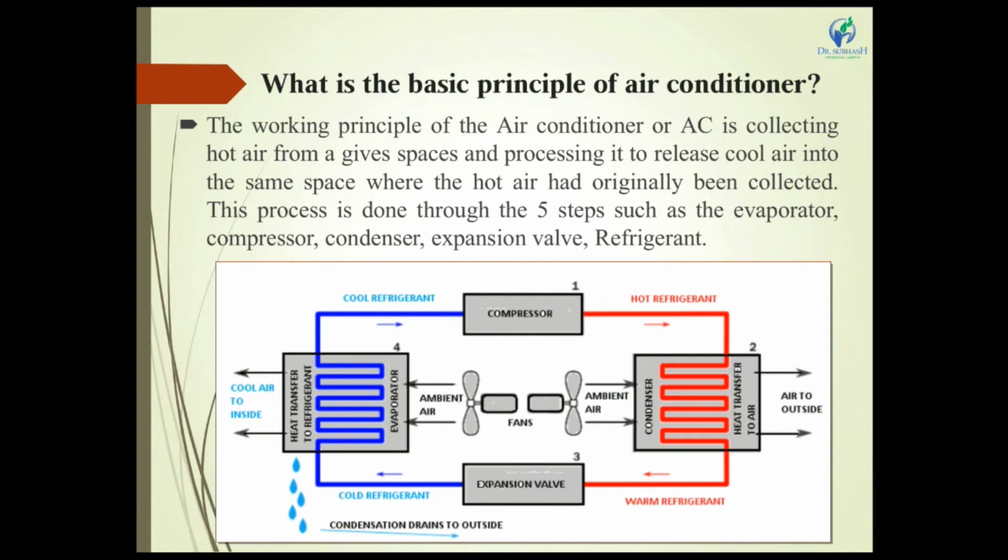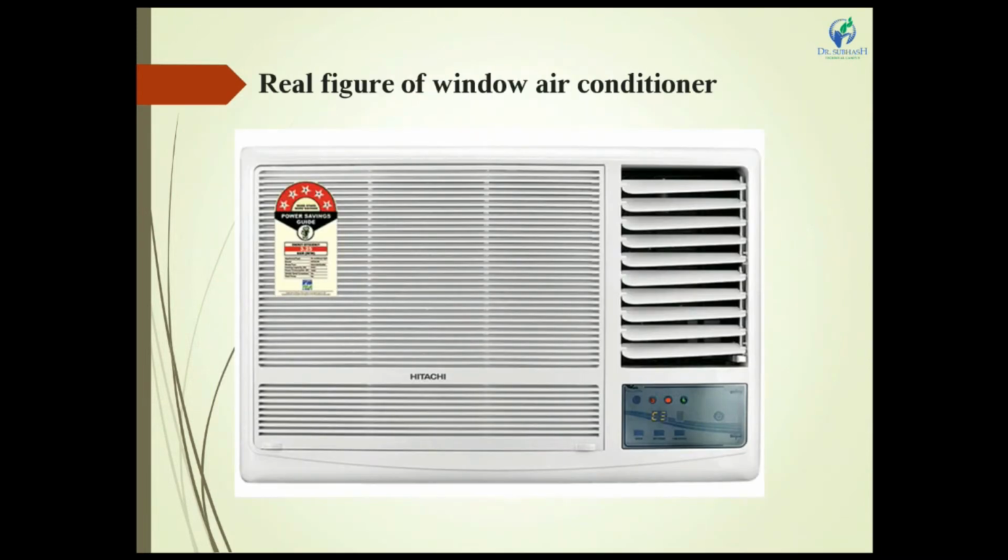Next, this is the figure of a window air conditioning system. This point is the air outlet where chilled air comes out. This point is a control unit, where we control air temperature, air velocity and air flow.